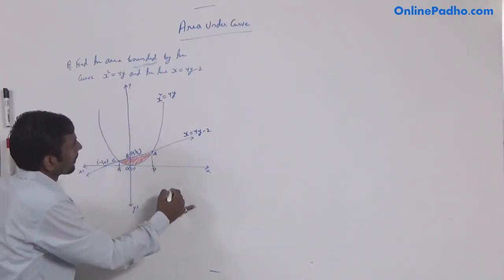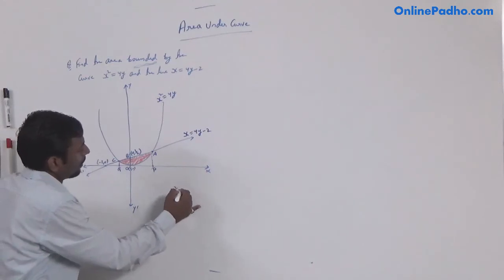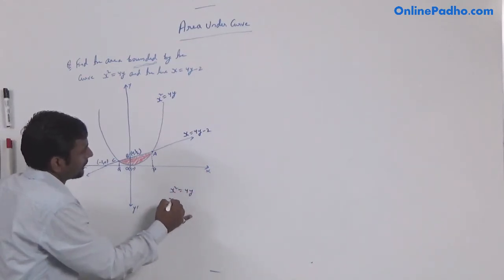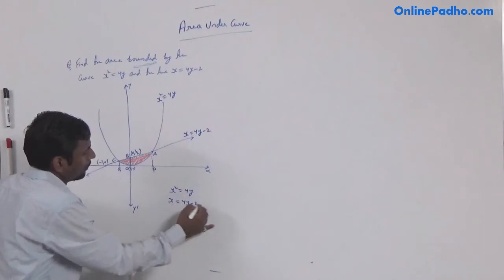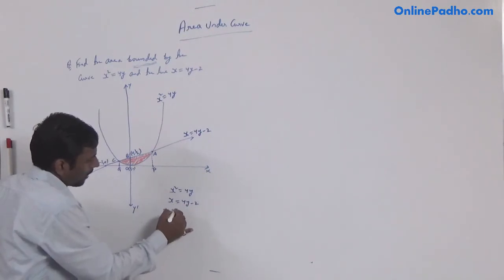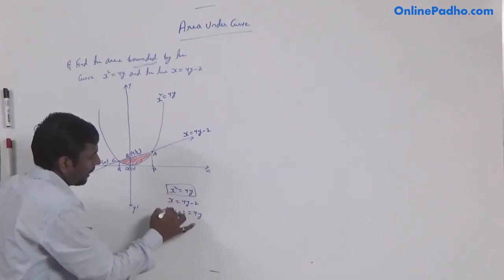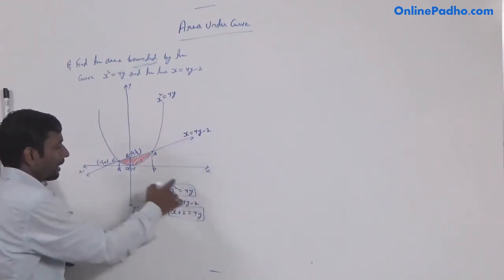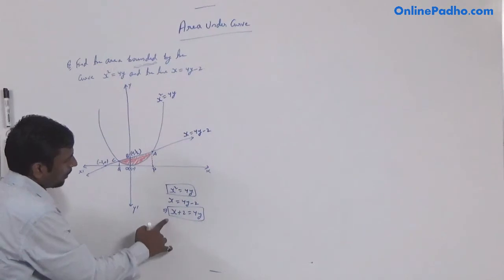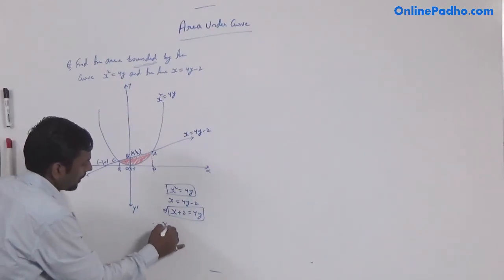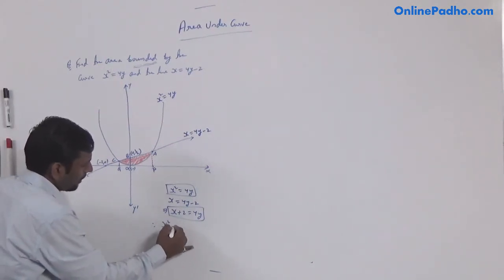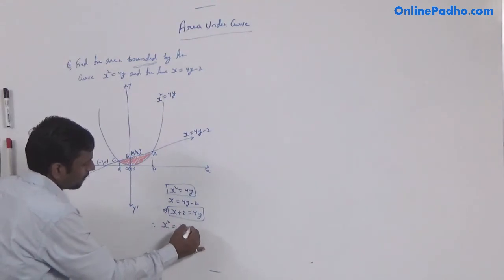Let us see. x square equal to 4y and x equal to 4y minus 2. So the second equation can also be written as x plus 2 equal to 4y. Now we can equate both equations. 4y equal to x square and 4y equal to x plus 2. Therefore we equate the right hand sides, we get x square equal to x plus 2.